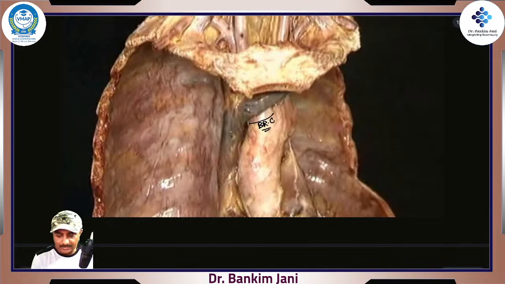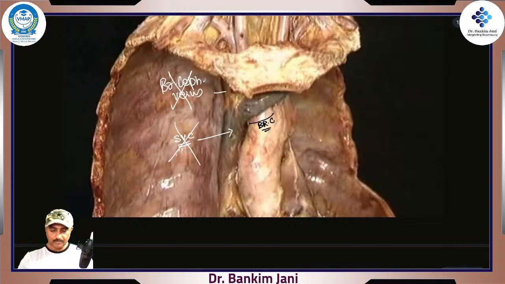By the way, this is superior vena cava, right? Which we'll be watching shortly. But because we want to see it, let's remove superior vena cava right now, right? Superior vena cava is formed by these brachiocephalic veins, right? So even that also we remove, right?